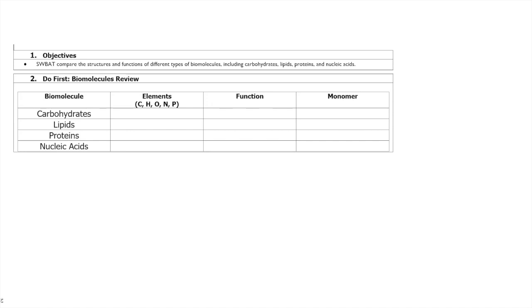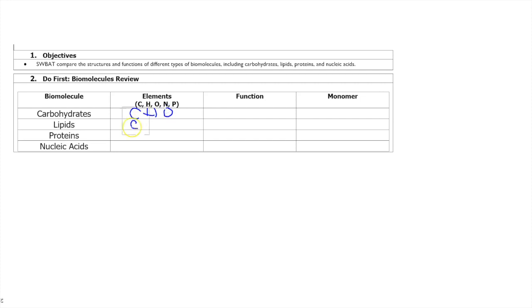Okay, now that you have completed your do first, let's start with the elements found in carbohydrates, lipids, proteins, and nucleic acids. This was from the video we watched from the Amoeba Sisters, the CHO CHON CHOMP. Make sure that they are in order, so they need to go carbohydrates, lipids, proteins, nucleic acids. Carbohydrates have CHO.